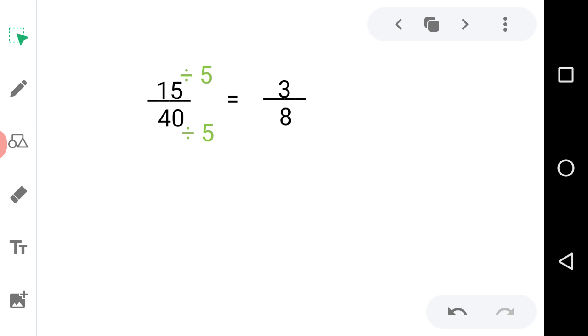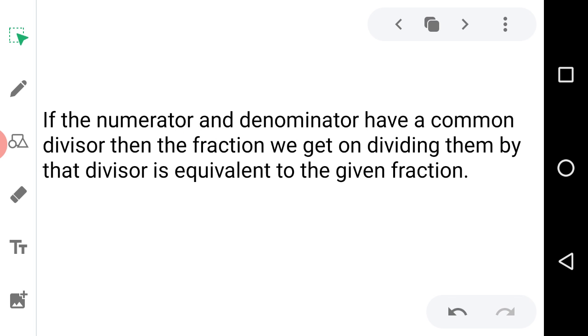So we get an equivalent fraction 3 upon 8. 3 upon 8 is an equivalent fraction of 15 upon 40. If the numerator and denominator have a common divisor, then the fraction we get on dividing them by that divisor is equivalent to the given fraction.